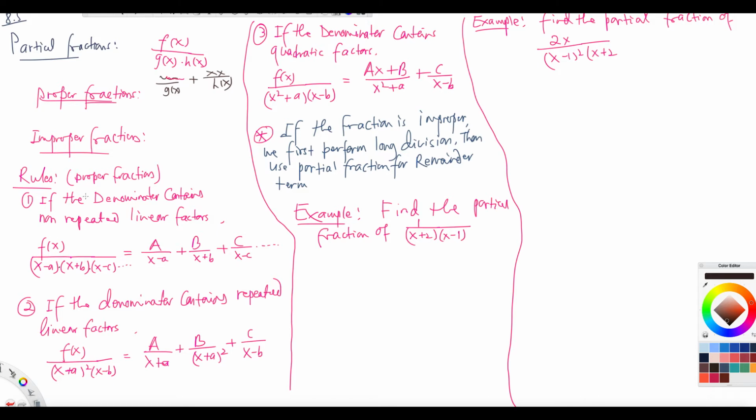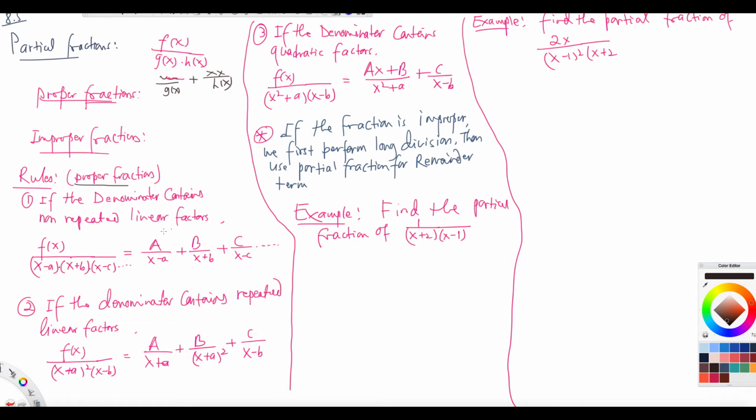It is a proper fraction, meaning the degree of the bottom is 3 here, but there are dots, meaning there may be more, and the degree of the numerator is less than the degree of the denominator. That's why it is proper. In that case, you write A over x minus a, plus B over x plus b, plus C over x minus c.